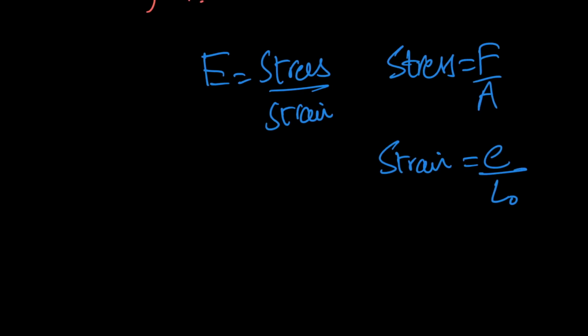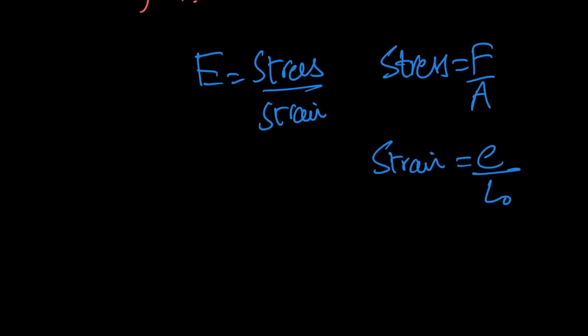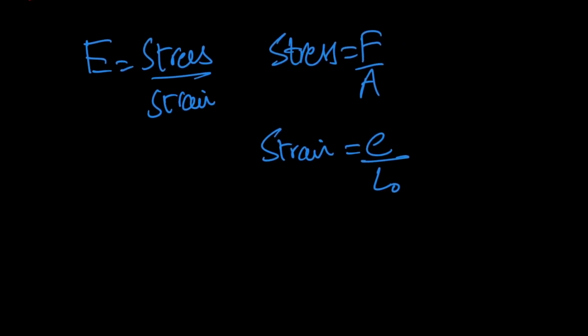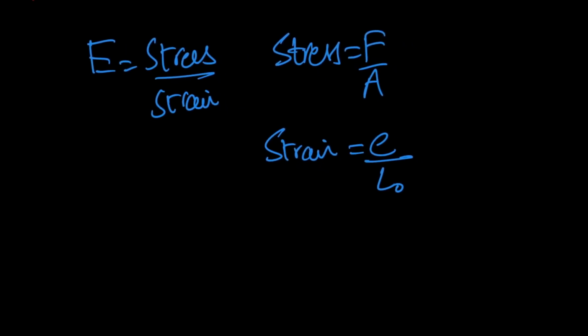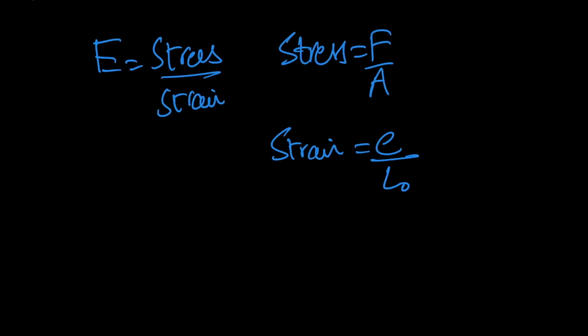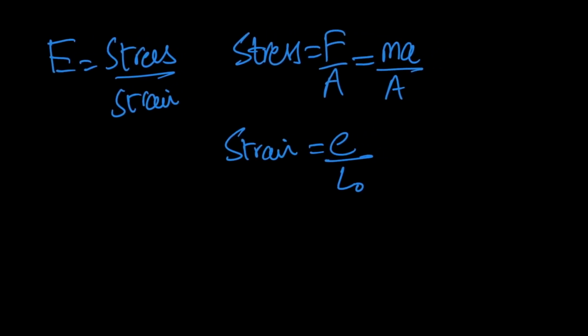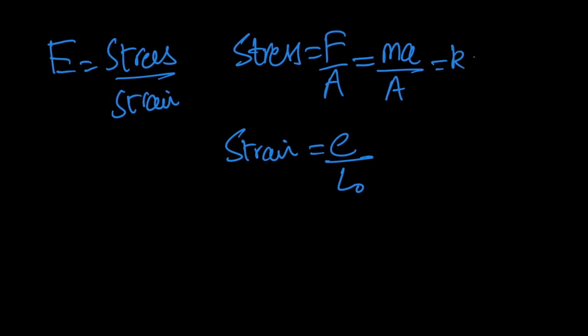Now you must have recognized that the stress in this equation has the same flavor as pressure. So the base units of pressure will go in here. The formula for force was ma, and area is area. Now for m, mass, you will write kg, for acceleration you will write m s minus 2, and for area you will write meter square.